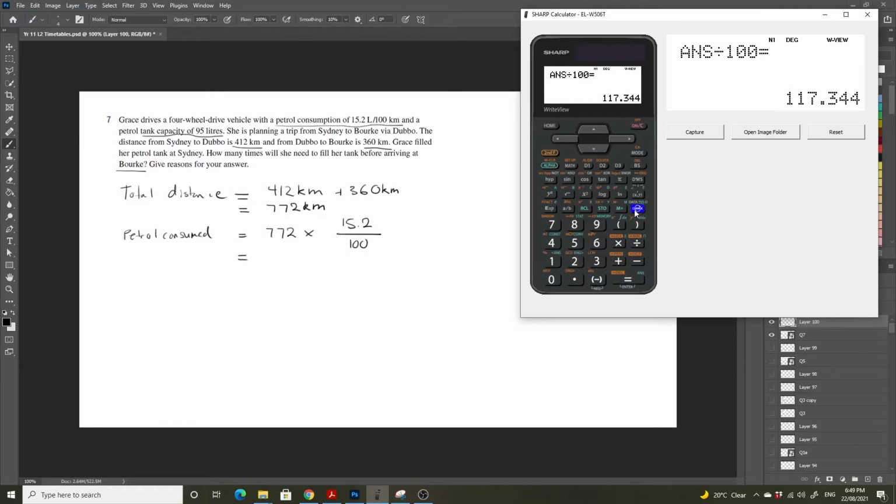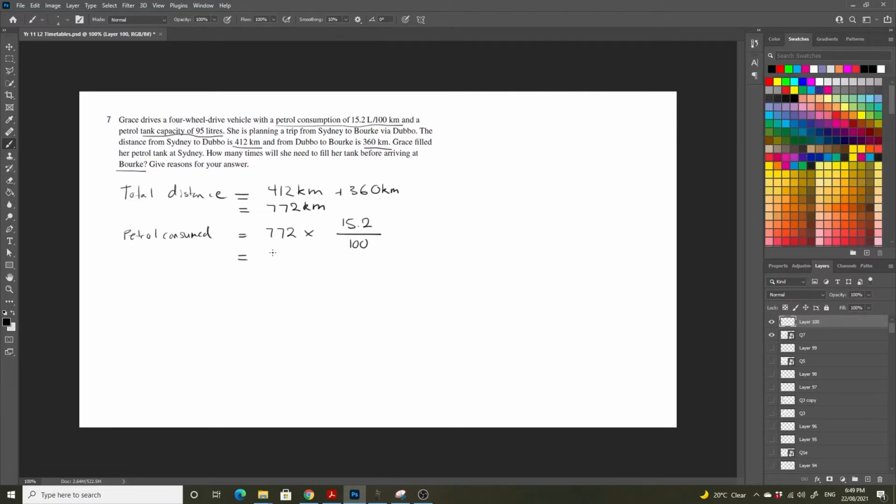Well, that's going to be equal to 117.344 liters, or 117.34 liters rounded to 2 decimal places.